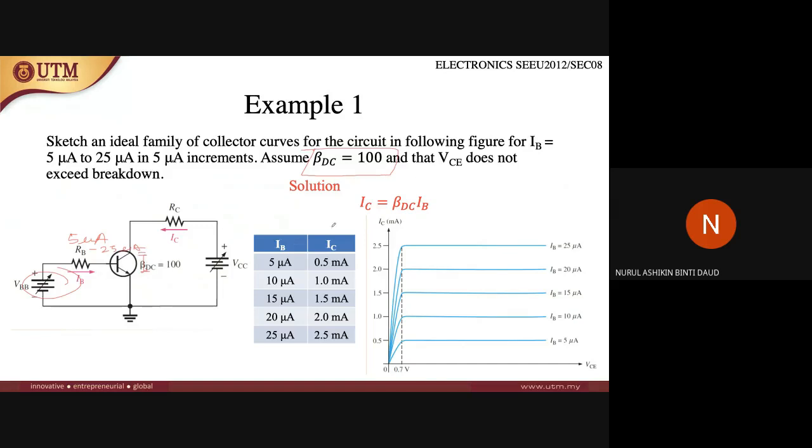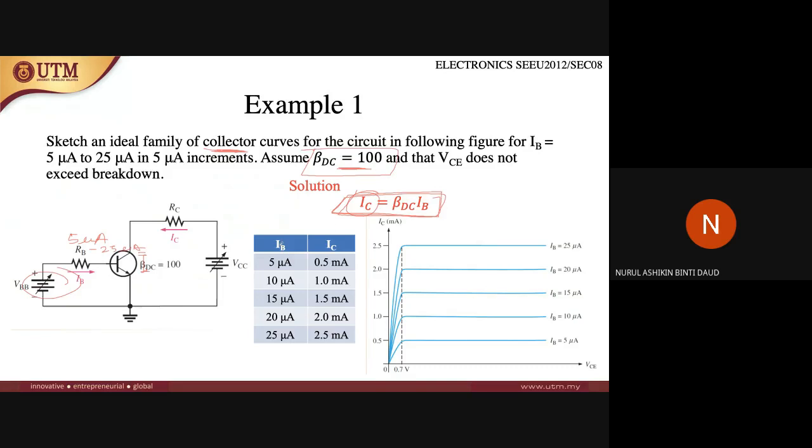Since we know this formula, you can always find the value of IC, the collector current, by using the value of beta DC.